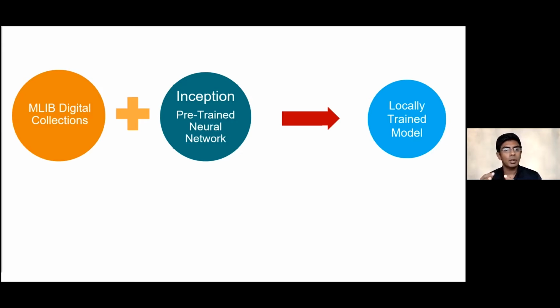Once you go through that process, as you can see, the digital library collections together with the inception model, you train the model and then you get a locally trained model. The difference between this and the previous model is how we train the model using local data. Now the machine has some understanding of how historical photographs look.